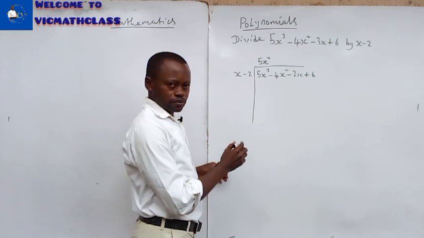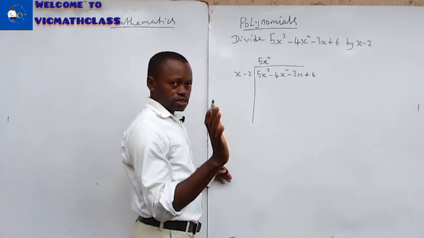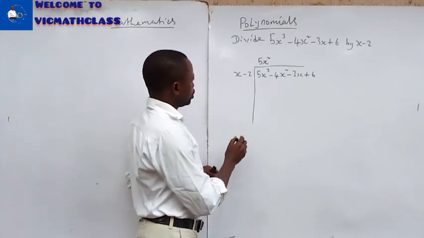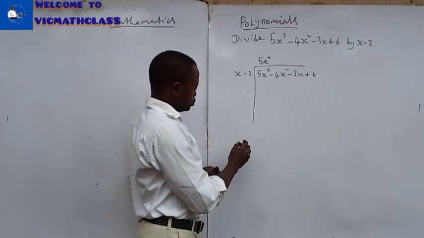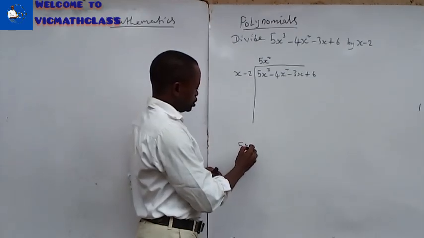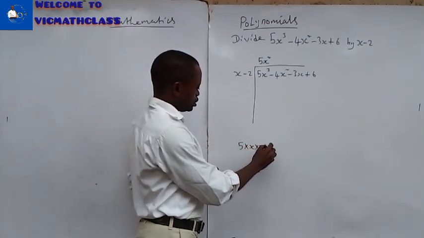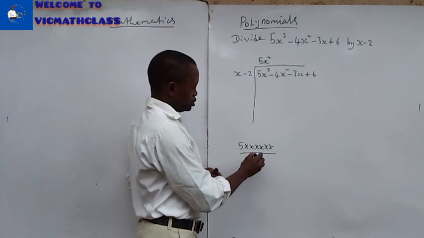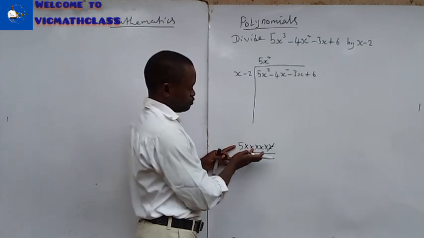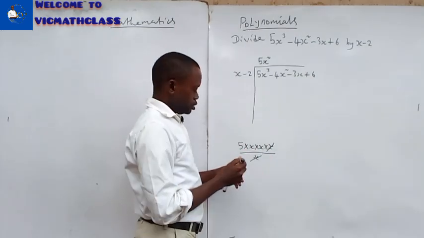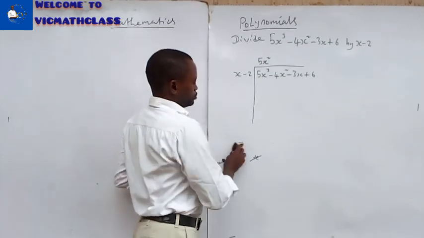Let me take a step down a little bit, but I will not do it again. So this is 5 times x times x times x divided by x. So you see this takes away this. It's remaining 5xx. That's 5x squared. I'm sure you got that.